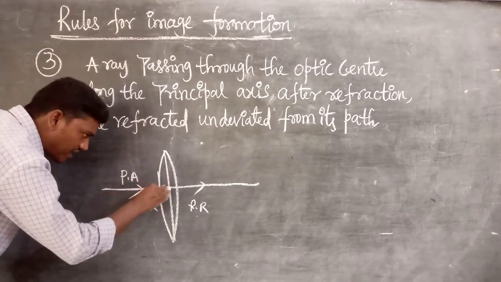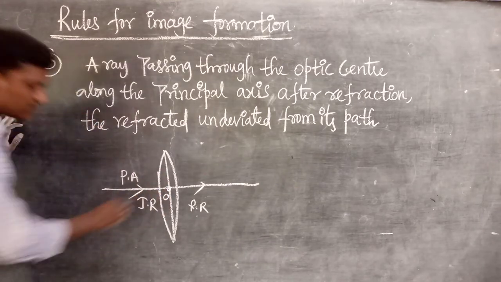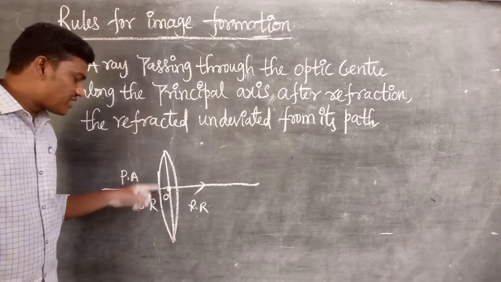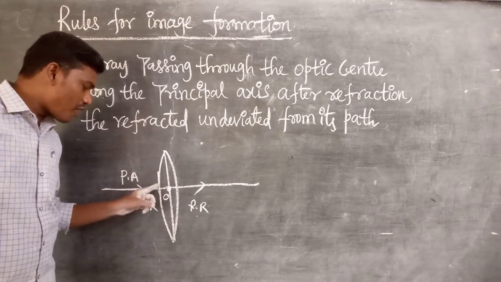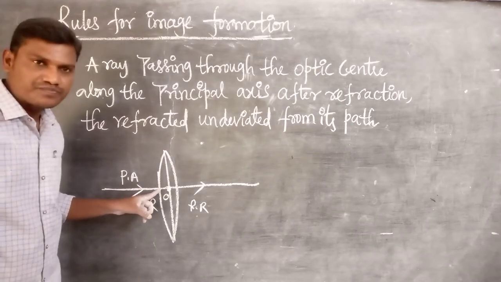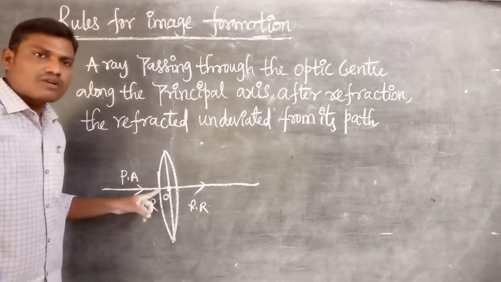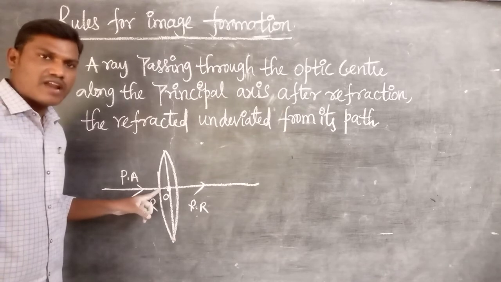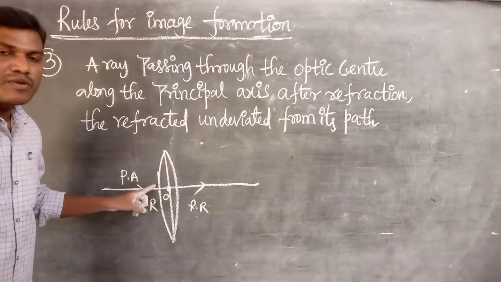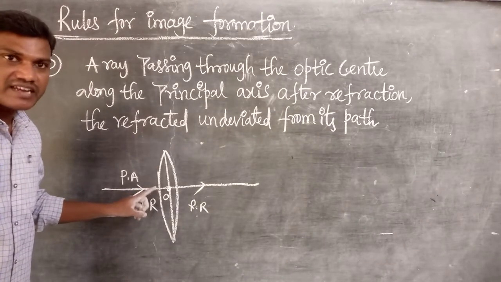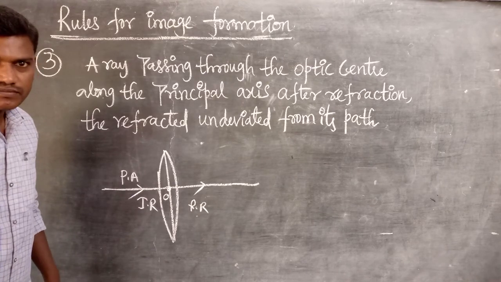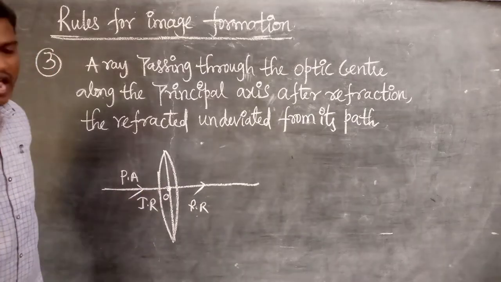If you draw a tangential line here for providing the normal, you observe that for the refracting surface at this point the incident ray behaves as if it falls normally. We know that in the chapter of refraction of light at plane surfaces we discussed that if the incident ray falls normally on the refracting surface, it will be undeviated from its path. That's why angle I is equal to angle R.